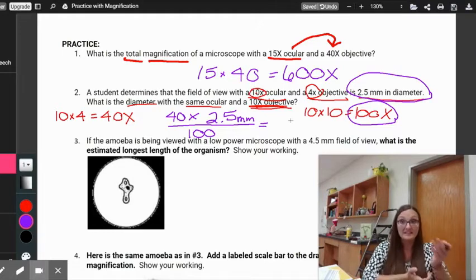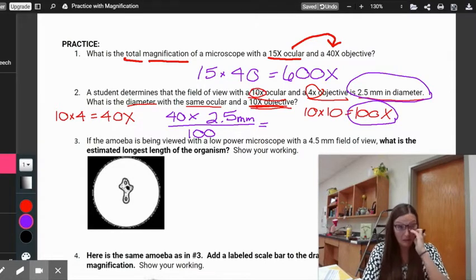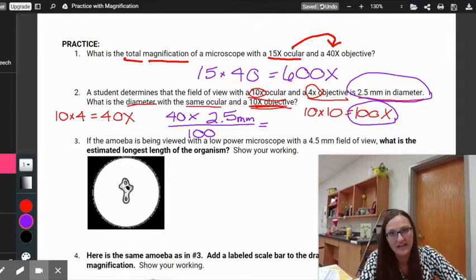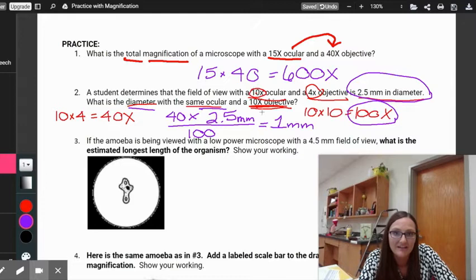Okay, so this is how you set that up. And then by the time you're done putting all of this in a calculator, which you are allowed to have on the test, this will give you 1 millimeter. Okay, and that is your diameter of the same ocular and objective.